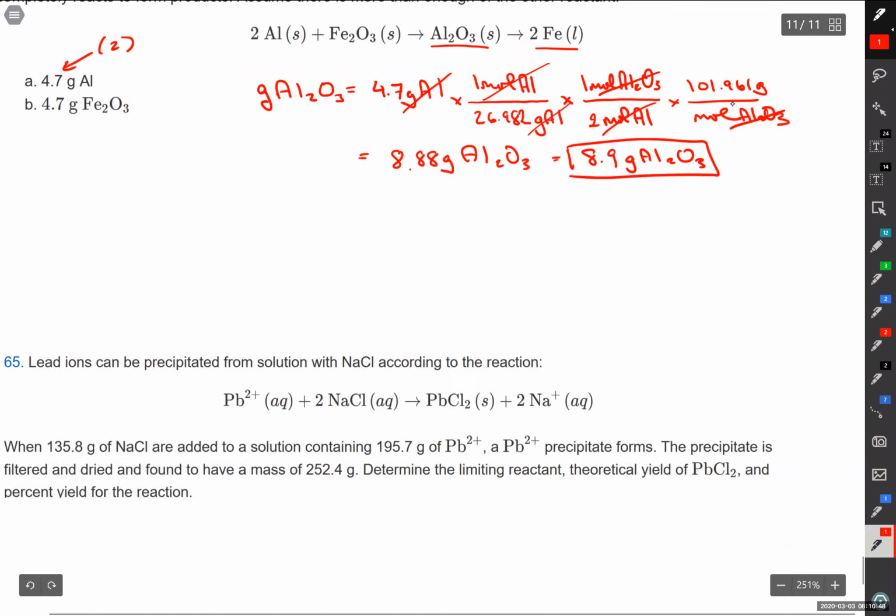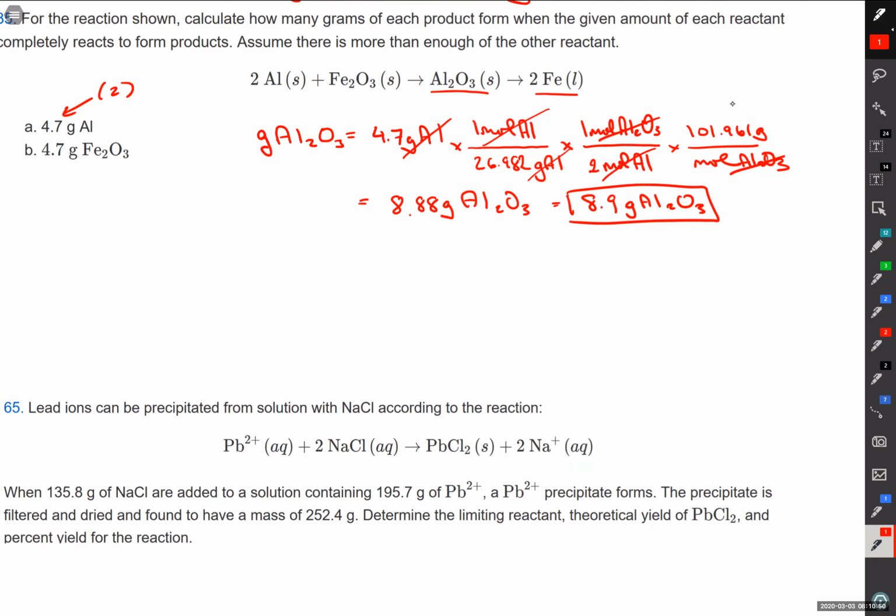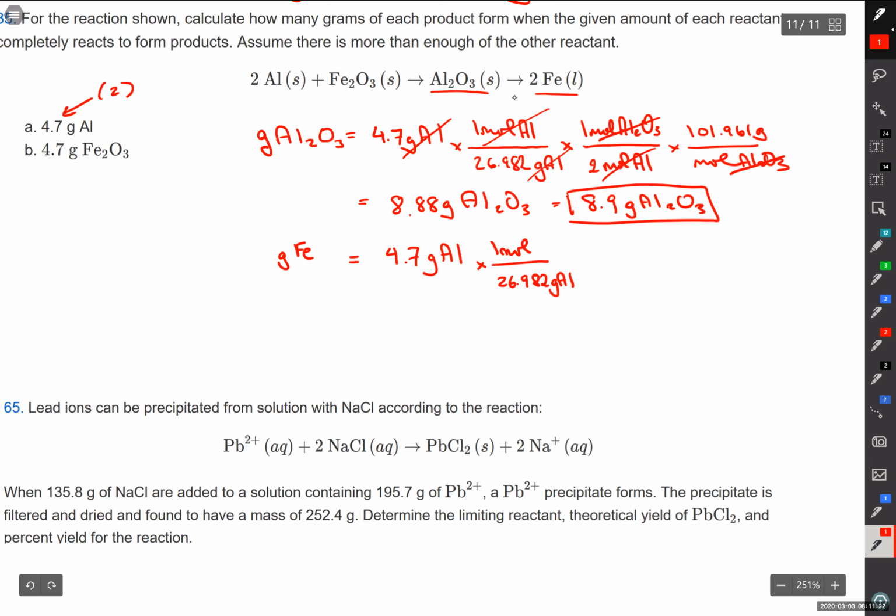You'll start, you want grams of iron. And that's going to start with 4.7 grams of aluminum. And this part's exactly the same. And then you need the mole ratio of iron to aluminum.